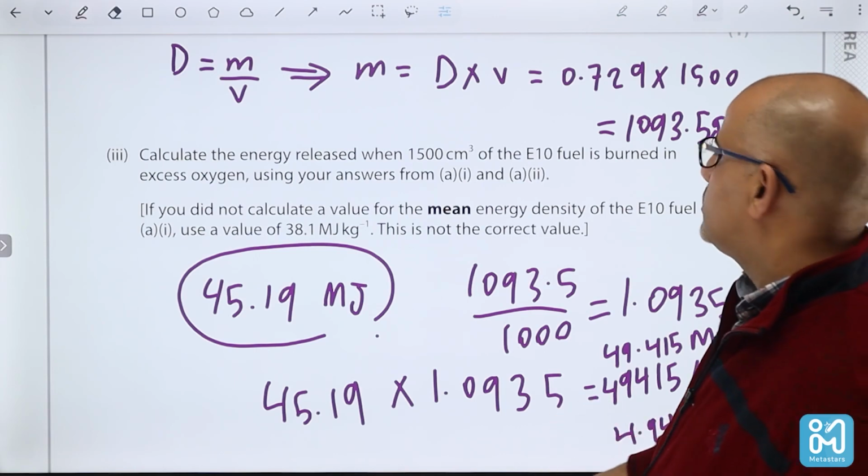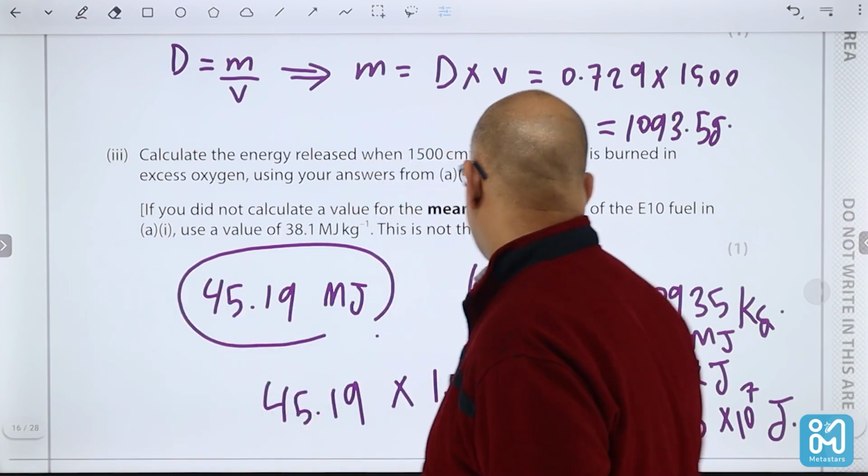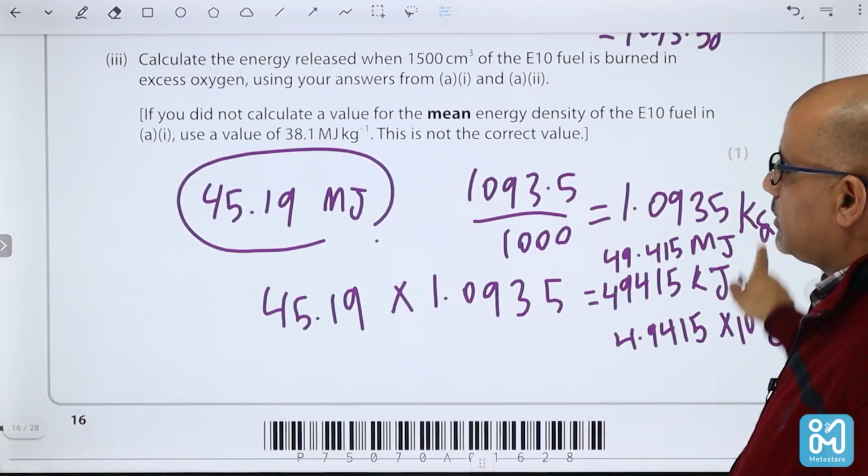So it's around 4.9 times 10 to the power 7 joules. Okay.